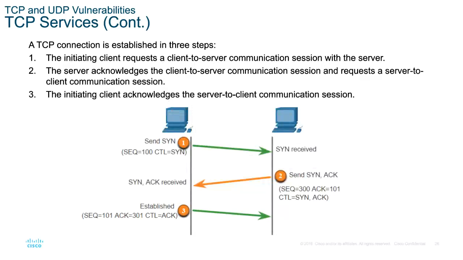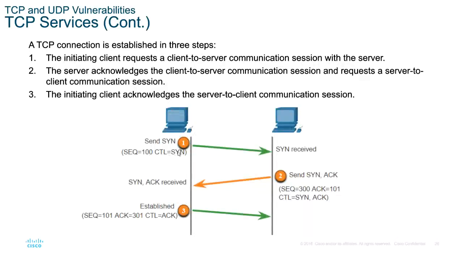So we have the initial opening, which basically says, I want to request a session, and what it's doing is sending a sequence. Now in the sequence field, it will have a value, which is how it's going to keep track of what portion of the conversation has been sent.